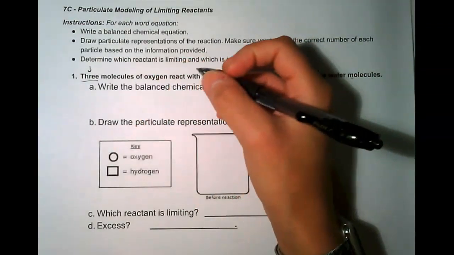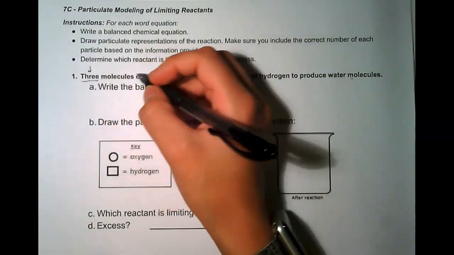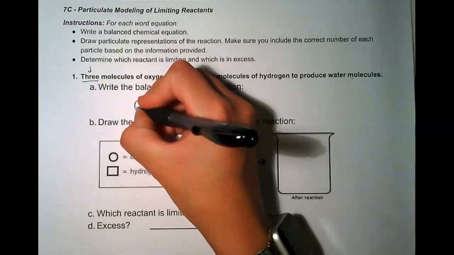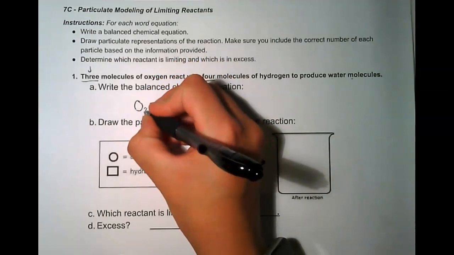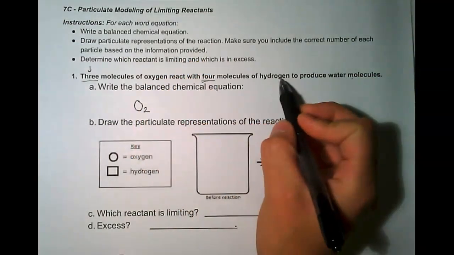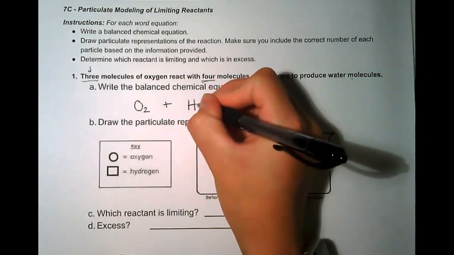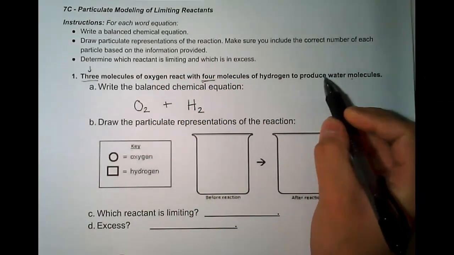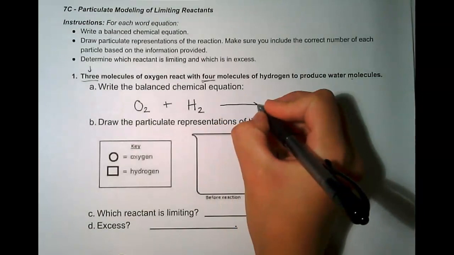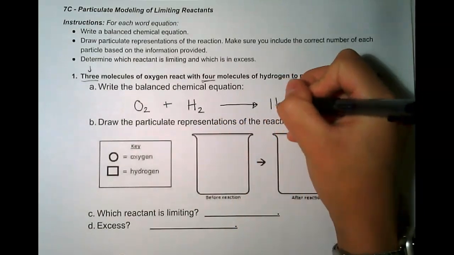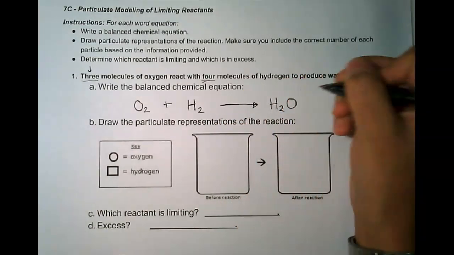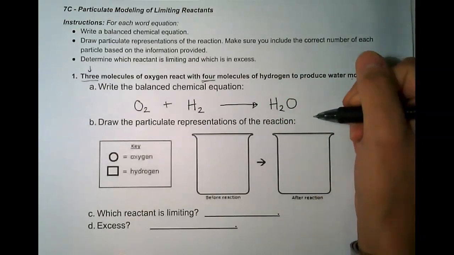We need to start by just predicting our reactants and products. We have oxygen. Oxygen we know is diatomic, so it's going to be O2, reacting with hydrogen. Hydrogen is also diatomic, so it's going to be H2 to produce water, so producing H2O. So now we have our equation and we need to balance the equation.